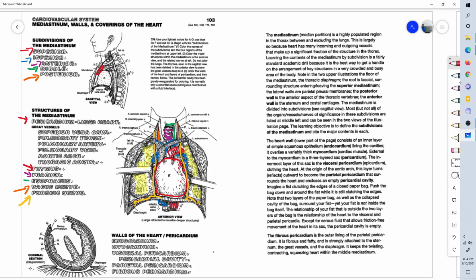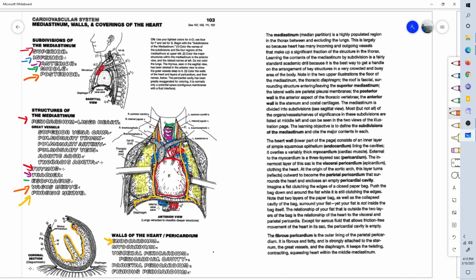The heart has a lining inside it called the endocardium. Endo means inside or within. And here's the endocardium, a thin layer covering the next layer, which is called the myocardium.